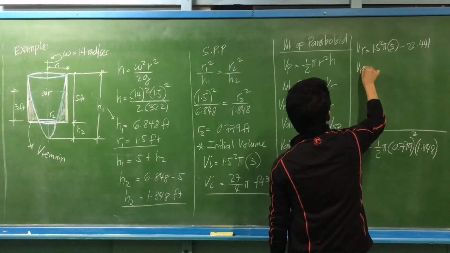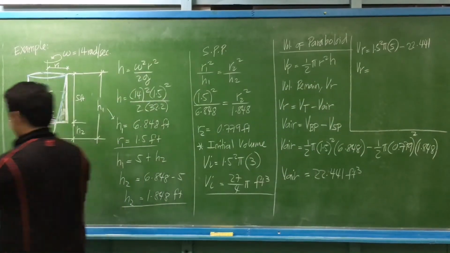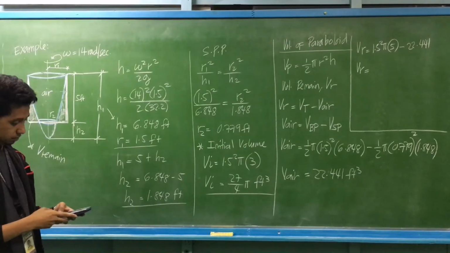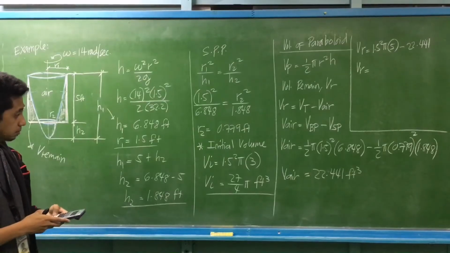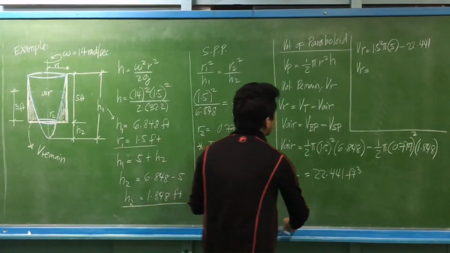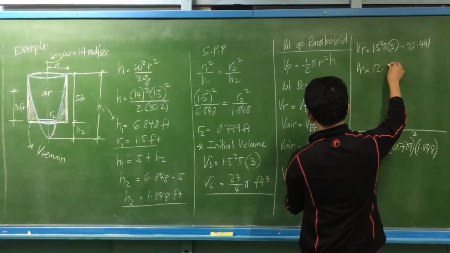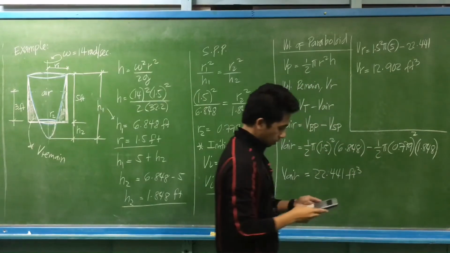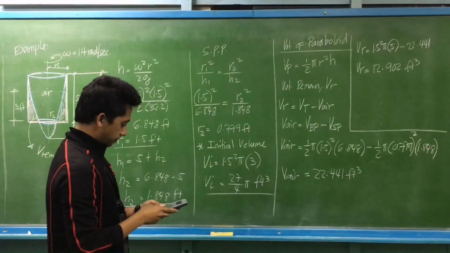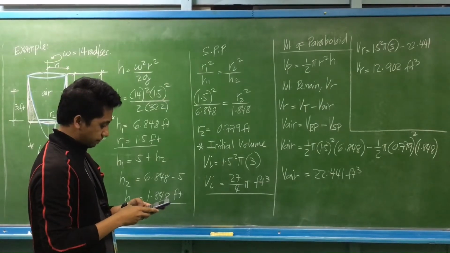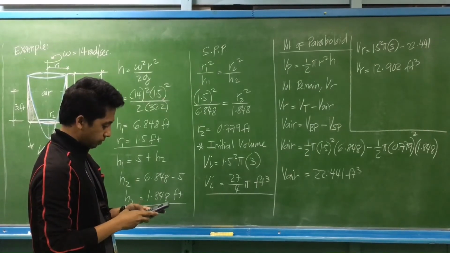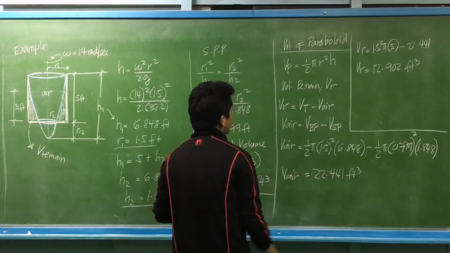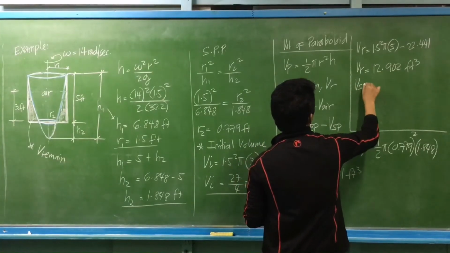So the volume remain is equal to 12.902 cubic feet. So how to determine the volume spilled?